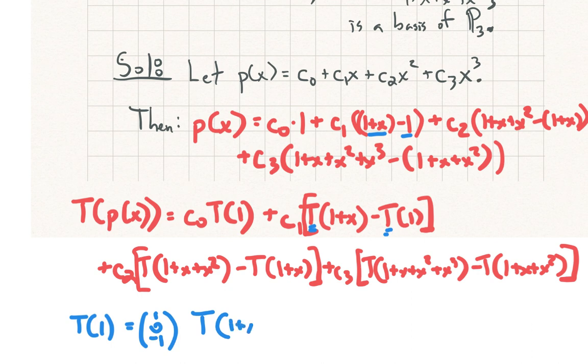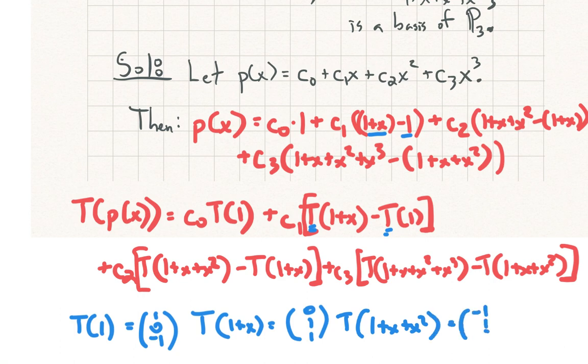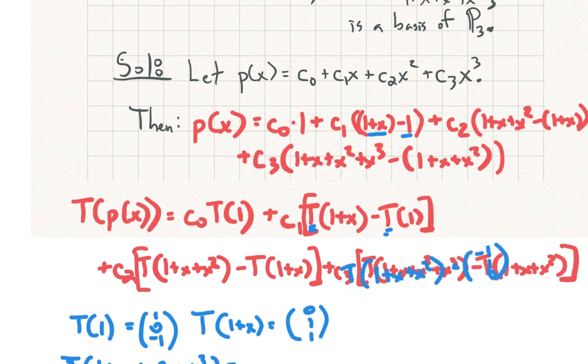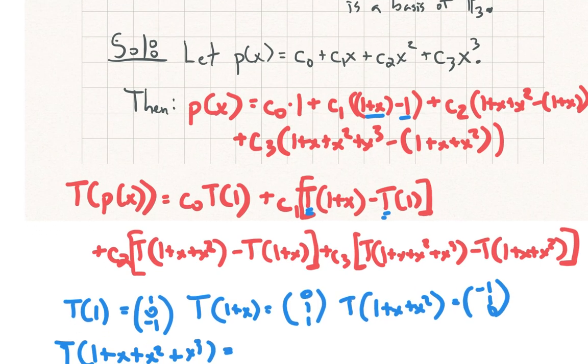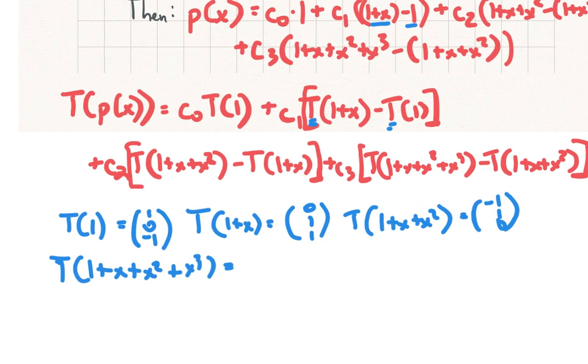T of 1 plus x was 0, 1, 1. T of 1 plus x squared was negative 1, 1, 0. And finally, T of 1 plus x squared plus x cubed was 0, 0, 1. So let's put that in. There we go.